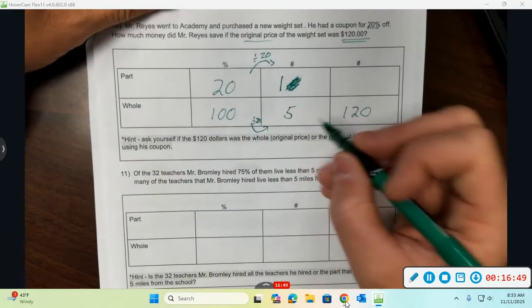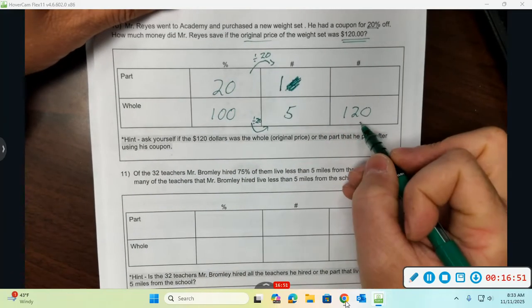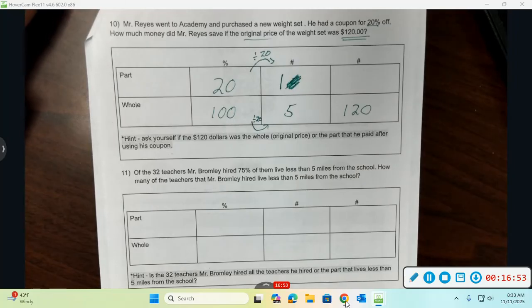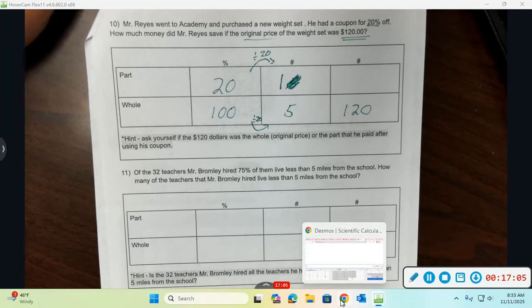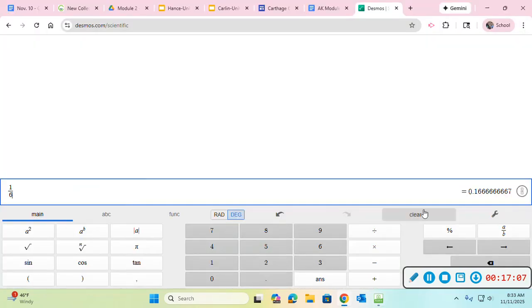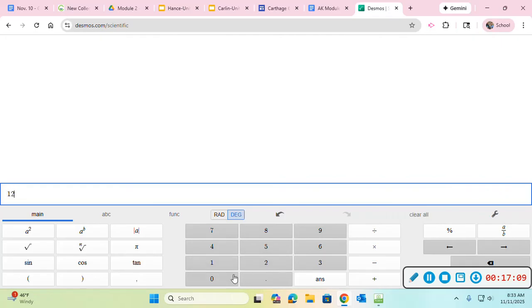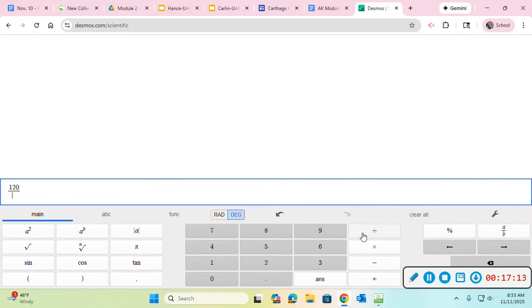All right. How many times does 5 go into 120? 22 times. Is it 22 or 24? 24. Let's check. I could do 120 divided by 5. 24, right?